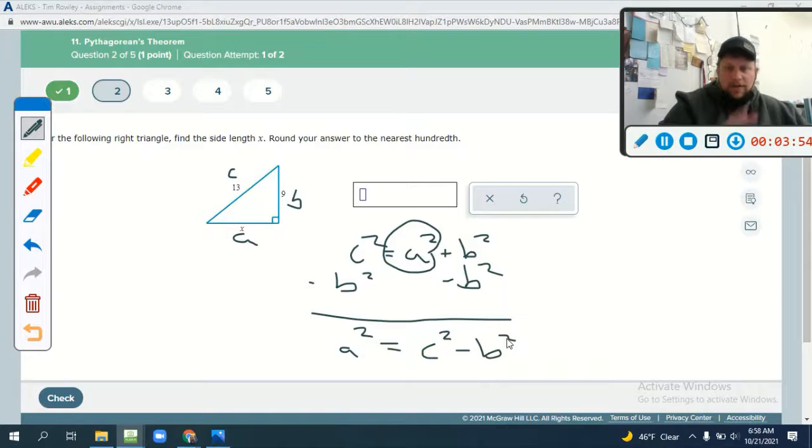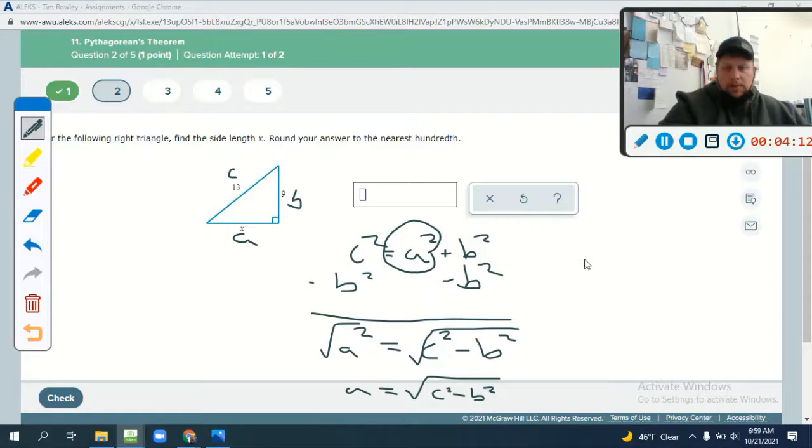If you noticed, I just flip-flop so I could have A on the left. Again, we're going to take the square root of both sides. And now I have A equals square root of C squared minus B squared. See how we can manipulate the formula to be able to use it how we want it?